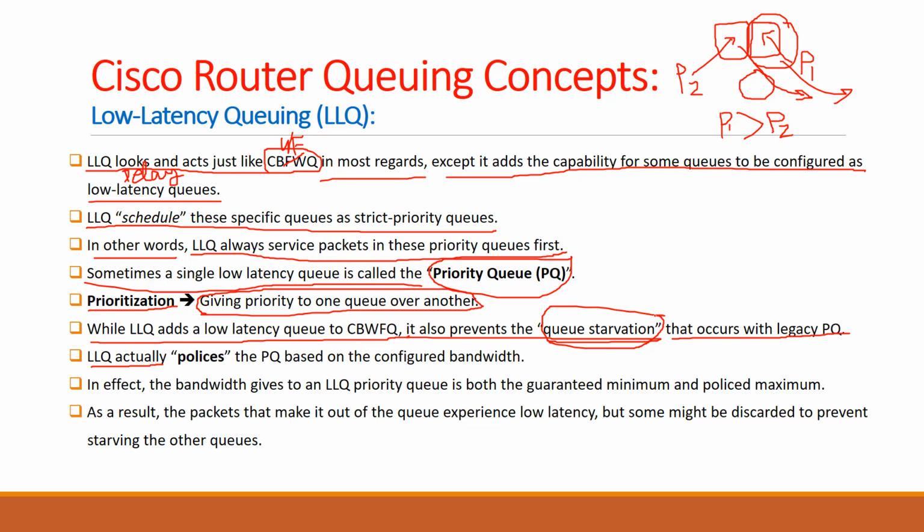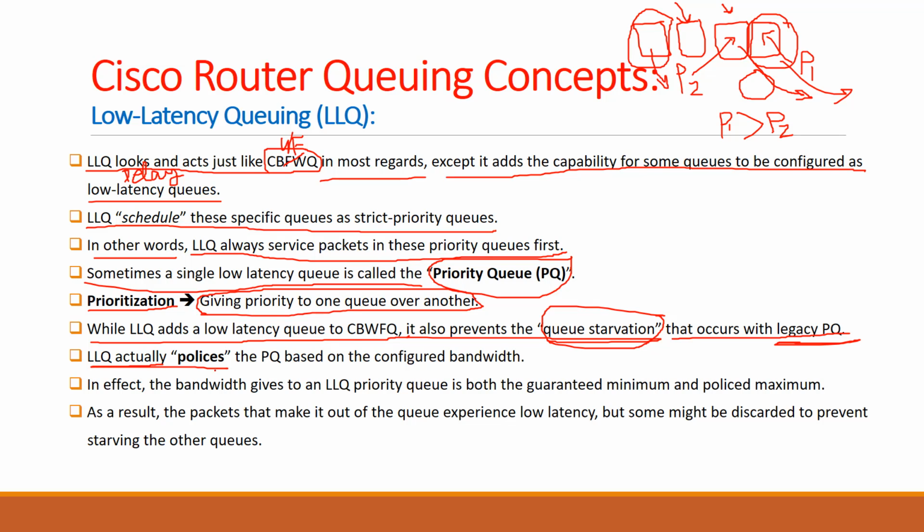Queue starvation means if we have, let's say, four queues, and this queue is weighted so much because this one goes second and this one goes third, so this queue will be starved or have starvation because it needs to be processed. So LLQ prevents this queue starvation that occurs with legacy priority queue.